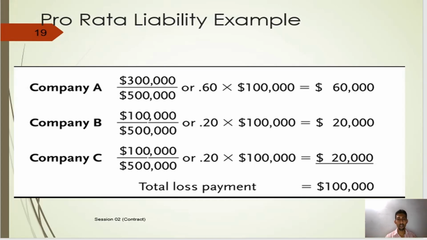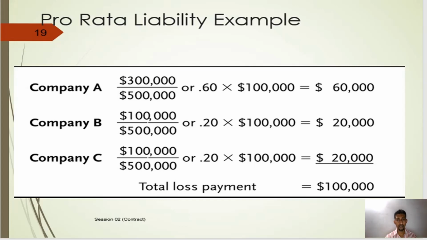A vehicle has been insured for 300,000 with insurance company A, another 100,000 with insurance company B, and another 100,000 with insurance company C. So as you can see, we have a total value of 500,000 across 3 different insurance companies. Imagine a loss of 100,000 occurred.